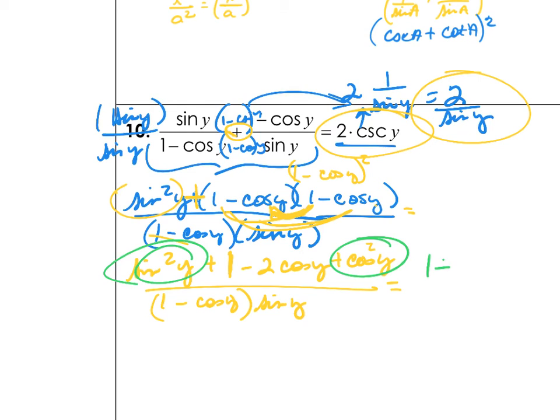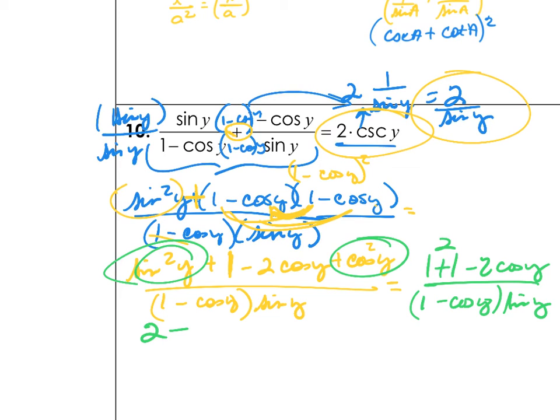So I have 1 plus 1 minus 2 cosine of y all over 1 minus cosine of y times sine of y. Go ahead and add those. That makes 2. So you have 2 minus 2 cosine of y all over 1 minus cosine of y times sine of y.